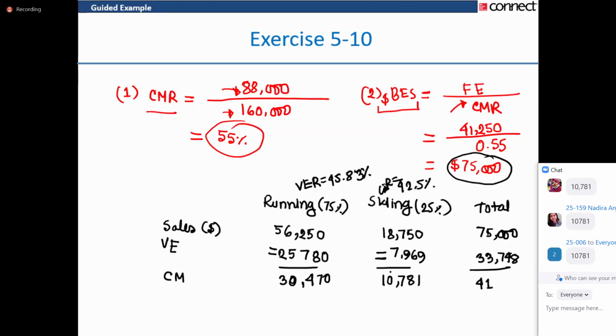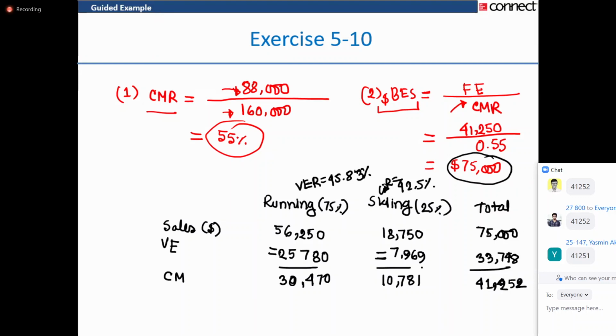You are writing 41,000 something. What should you say? 41,252. Then any other response? From here, we see that it is to be 252.